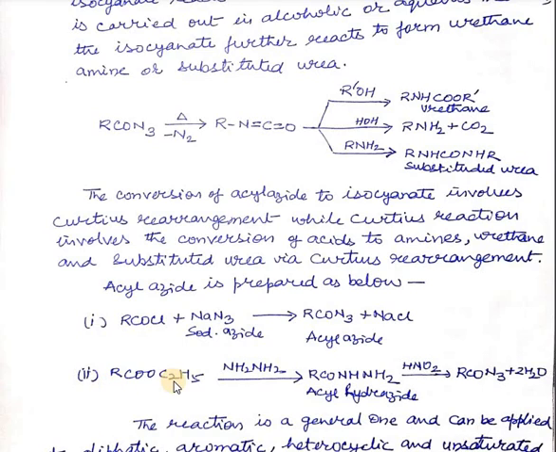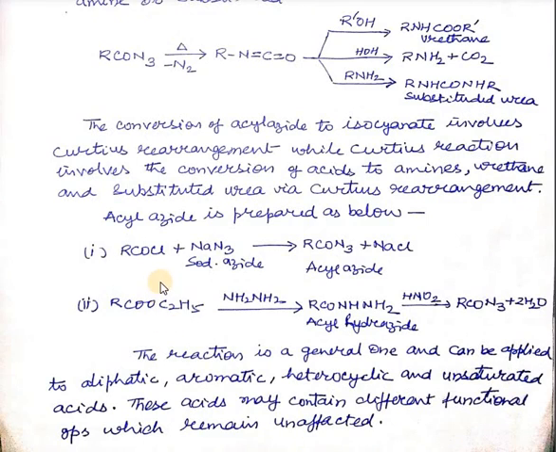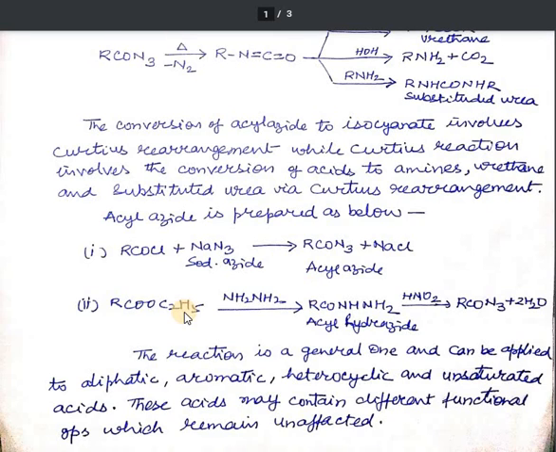Or if we treat this ester with hydrazine NH2NH2, then acyl hydrazide is obtained. When it is treated with HNO2, then acid azide is obtained. So these are the methods by which this acid derivative or acid is converted to this acid azide, and this acid azide further reacts to give amine etc. through Curtius rearrangement.